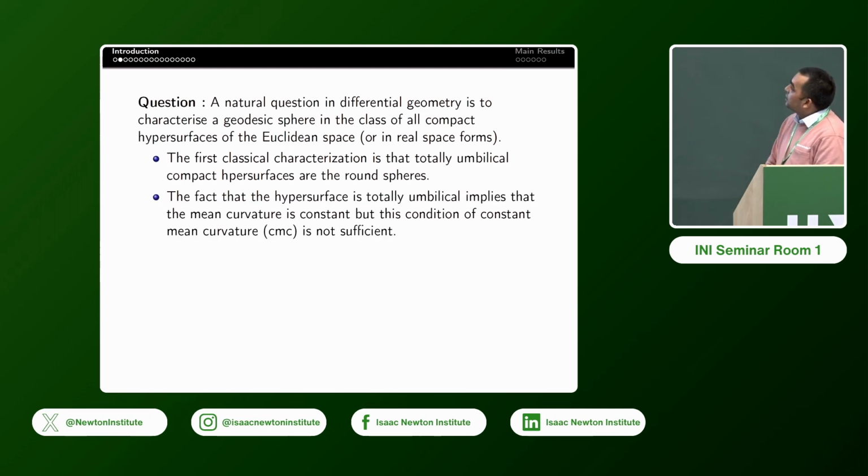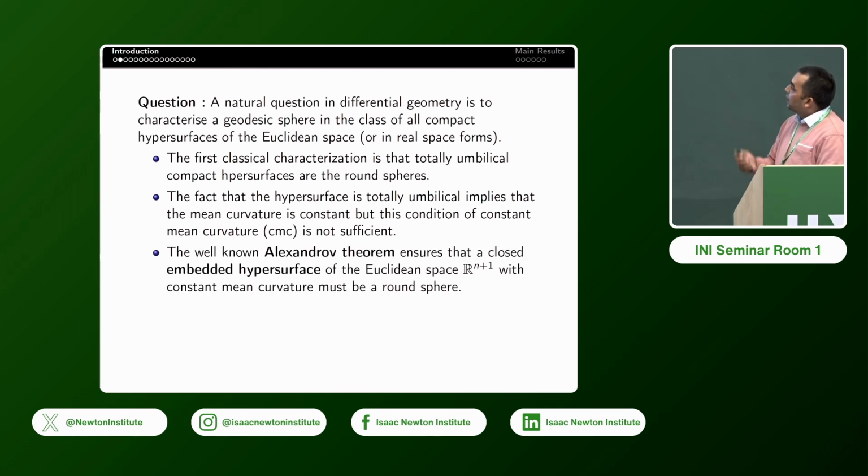This condition gives that your mean curvature is constant. But the converse is not sufficient: if you just consider that your mean curvature is constant, it will not give you that your hypersurface is a sphere. So you need additional conditions.